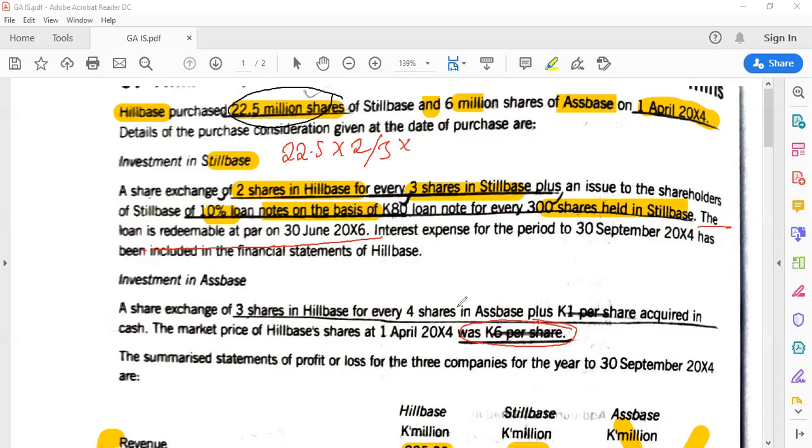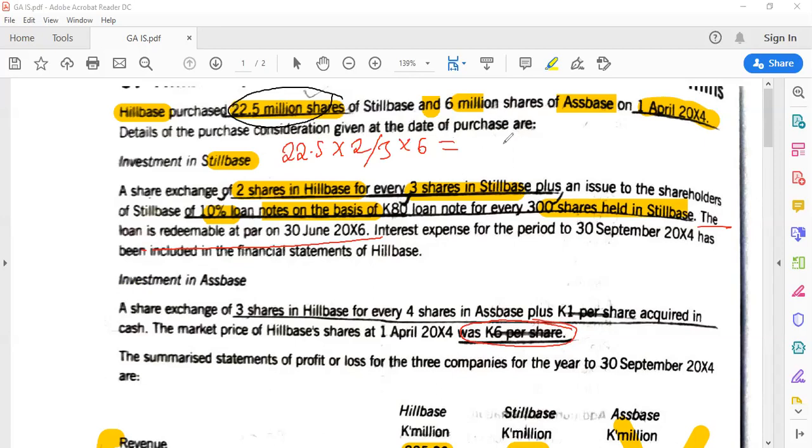Have you seen? So if you want to multiply, because the parent is the one that is buying, you use the price for the parent. You see, 6 kwacha a share. So you can multiply those shares by the 6 kwacha. This is going to give you how much?